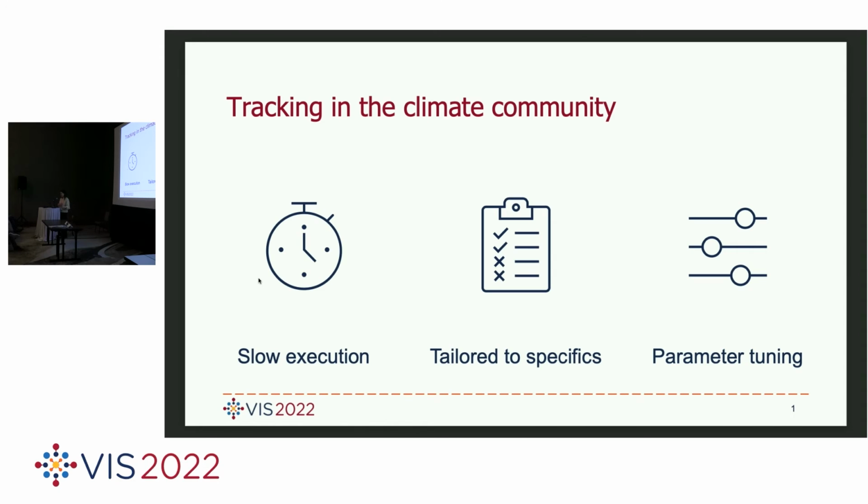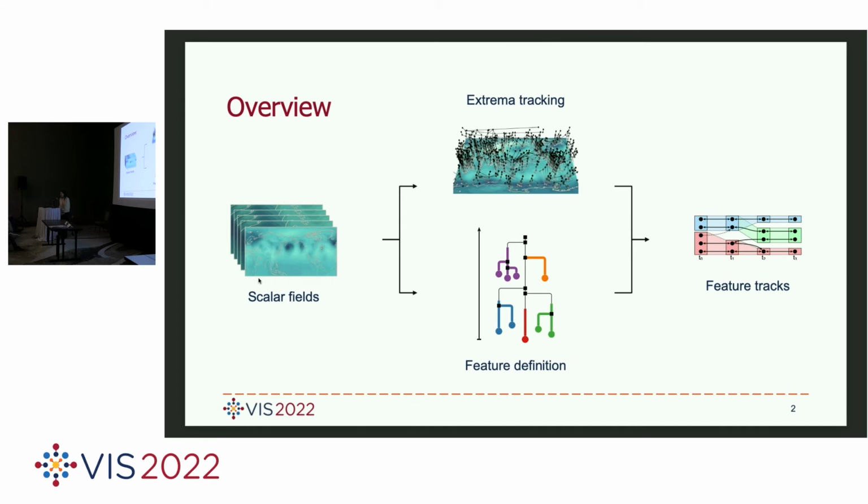So in our approach, we wanted to be able to detect these multi-centered cyclones while still being efficient and robust, and give an opportunity to explore multiple parameters at the same time. This is an overview of our framework. As input, we have time-dependent pressure fields, and on these fields, we track minima using gradient tracking. We also calculate the merge tree, and on the merge tree, we define a feature characterization.